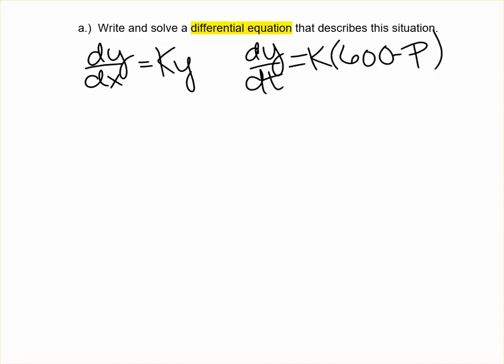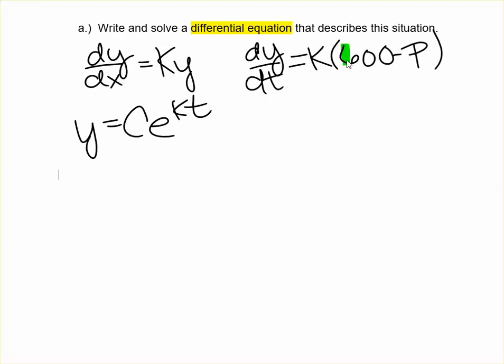Now, as you learned in the previous AP classroom problem, the general solution to a problem of this type can be written as y equals ce to the kt power.